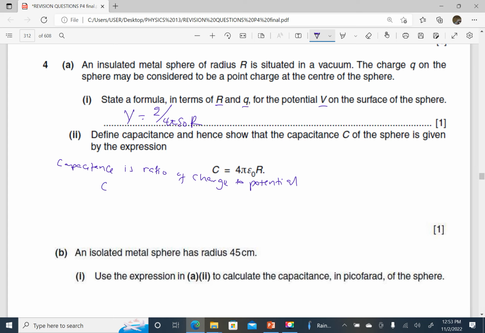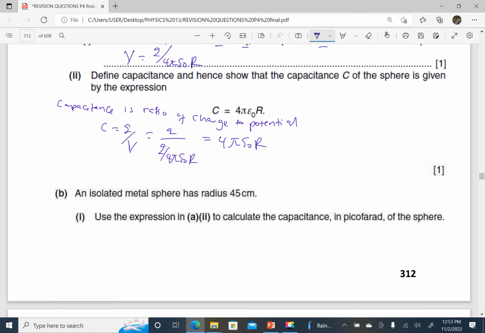And then that means capacitance is Q over V. So since V is Q over 4 pi epsilon naught R, this will be Q divided by Q over 4 pi epsilon naught times R. And this is going to give us, of course, Q will cancel, 4 pi goes up. That gives us C equals 4 pi epsilon naught times R. So we have showed that capacitance is given by that.